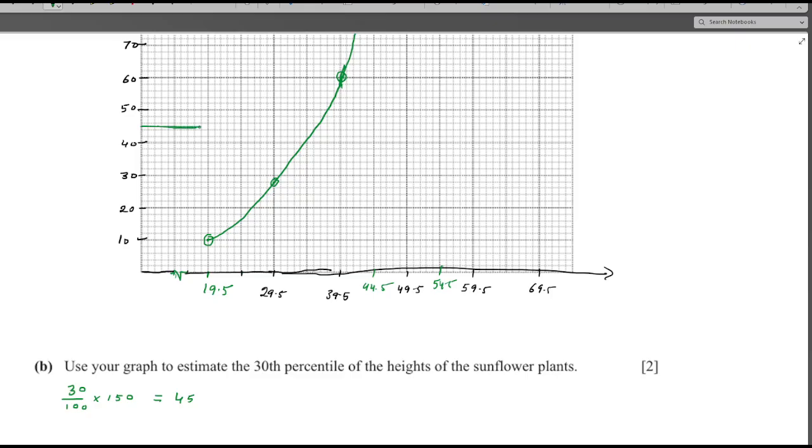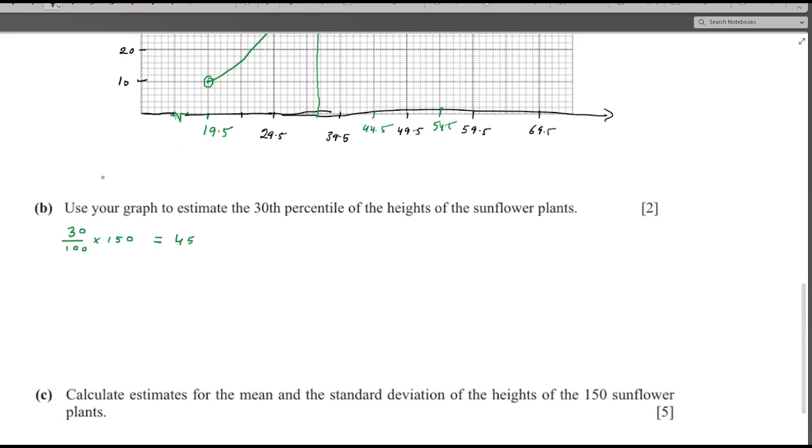I will draw one horizontal line, and then from here I will draw one vertical line. It is coming something like this, and therefore this value is around 29.5 plus some. Each division represents 1, so 30, 31, 32, 33, 34, 35, this could be 36.